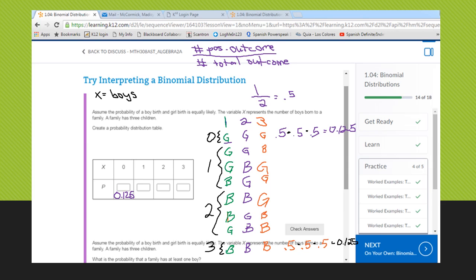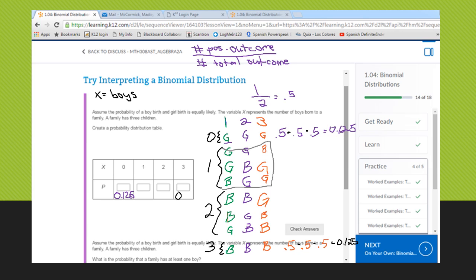So now we need to look at these ones in the middle. In this middle section here, we're going to look at the probability of us having 1 boy out of the 3 kids. And that probability is going to be just a little bit different.